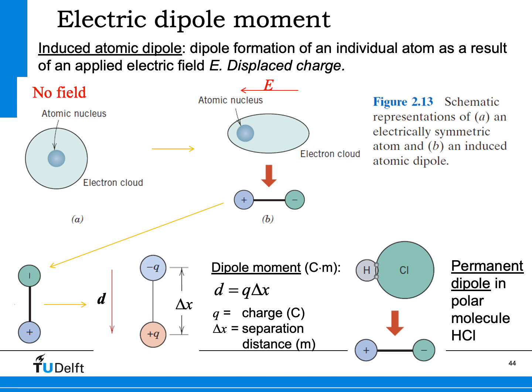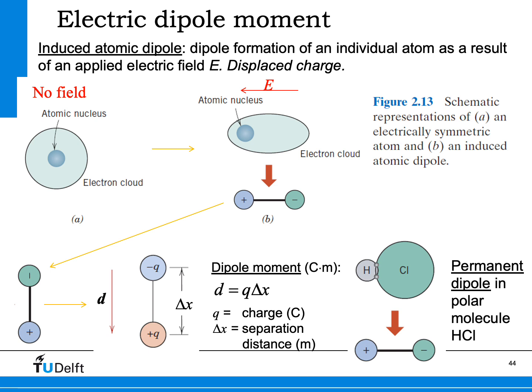Now this is what happens in case an atom experiences an applied electric field, but you can also have molecules like HCl that have a permanent dipole. And that's because the molecule itself is polar, which means that in this case the chlorine atom here attracts the electron a little bit more than the hydrogen atom here, which means that on average the charge is more negative here on the chlorine side, so that's indicated by this minus sign, and on the side of this hydrogen atom it's more positive.